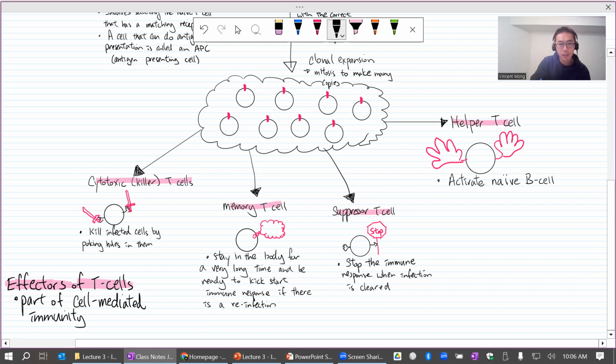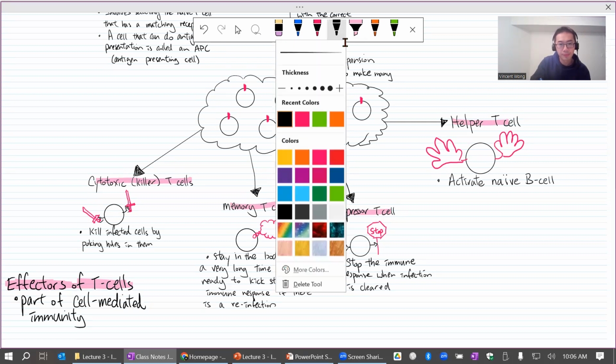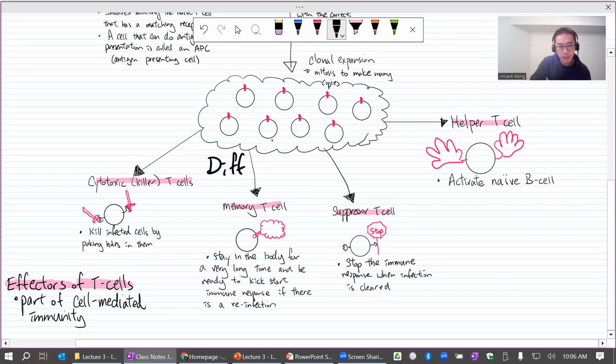This here is differentiation. When a cell transforms into one of these things, we call it differentiation.